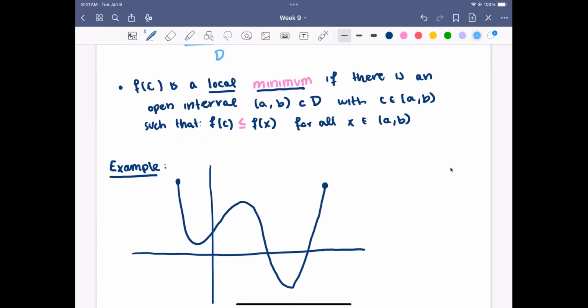So the domain D looks like this. It's this interval. Okay, so what are the absolute max, absolute min, local maxes, and local mins of this function? I can just start pointing to some of them and see what they are. What is that one? You say local min. Okay, so this one's a local min.